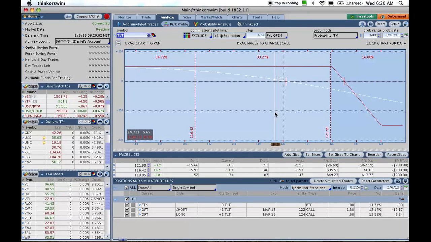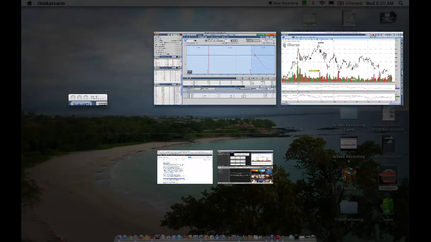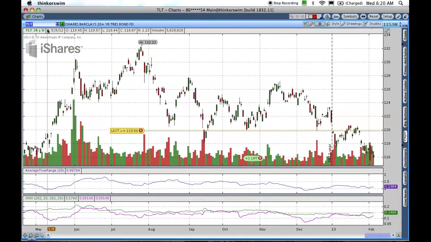So if price hops to that 119.86 level, we're going to scratch on this trade. It's not the end of the world. That's just the way I look at things. It's an objective view, and that's only if it happens today. Is price going to go from 116 to 119 today? I don't know. It could. Sometimes the market does crazy things, and you just don't know what's going to happen.